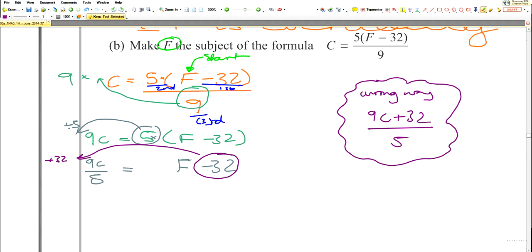Because I intended to do 9C over 5 add 32, and when you read it, it says 9C plus 32 divided by 5. Isn't the 32 meant to be separate? Lovely. So on this line here, we're going to have 9C over 5 as they were originally, and then separately plus 32 will give us the F that we're looking for.